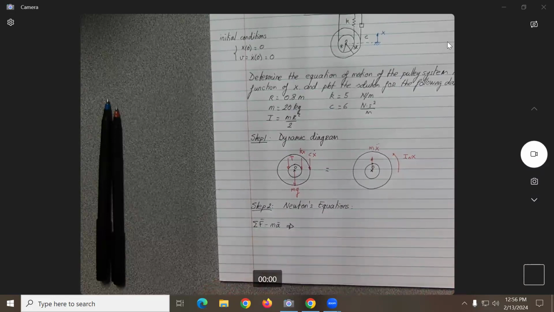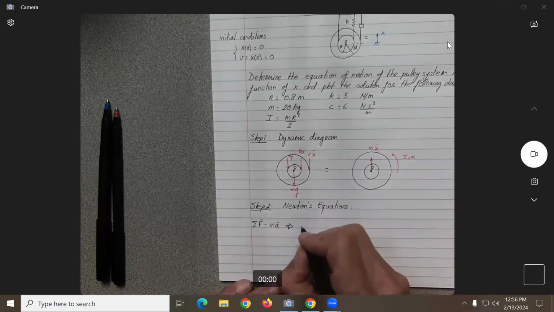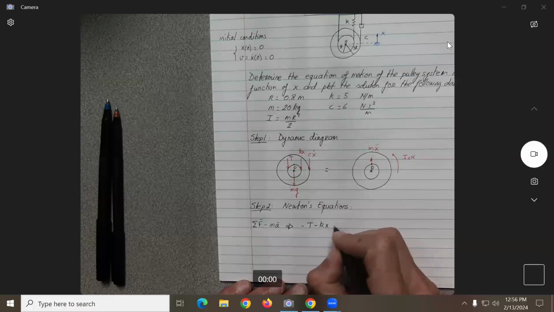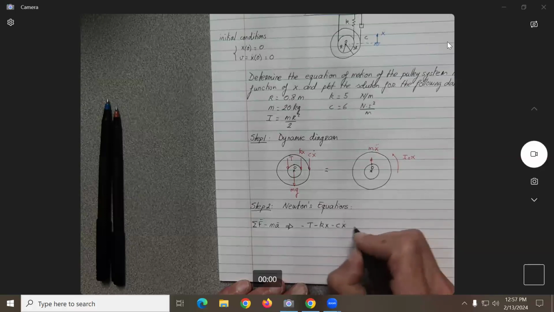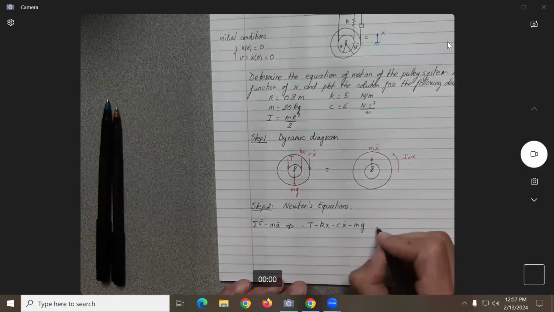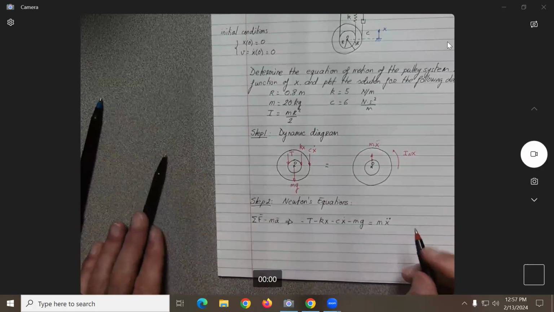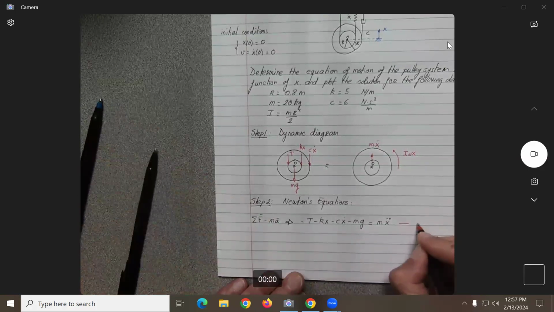So this will give you: minus T minus kx minus c x dot minus mg equal to m x double dot. I know we can rearrange it differently, but let's just leave it in this form.